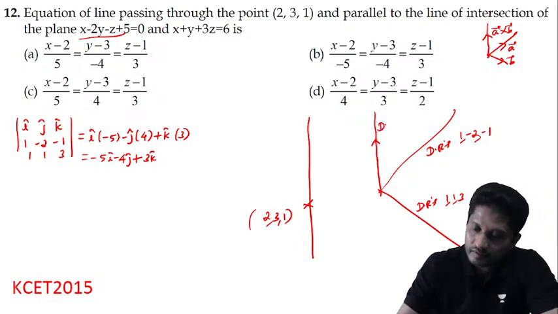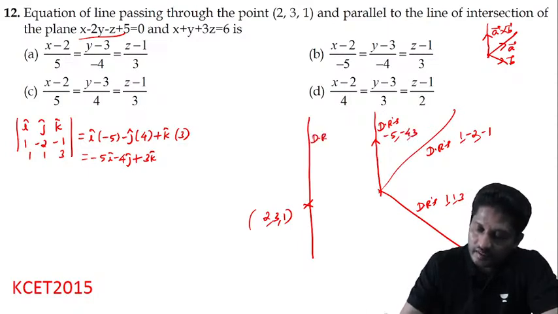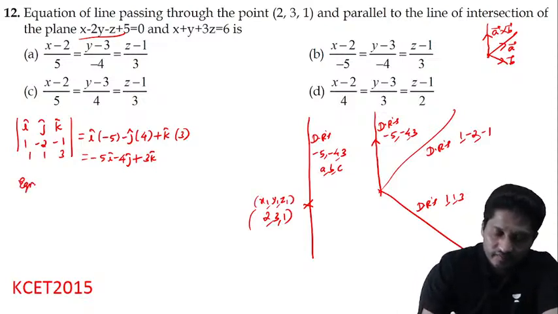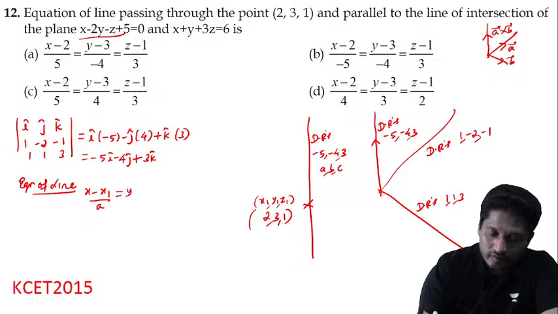So DRs will be equal to -5, -4 plus 3. If they are parallel, DRs will be the same. DRs will be proportional, 5, -4 and 3. This is a, b, c. x1, y1 and z1. Right, equation of the line will be x minus x1 divided by a equal to y minus y1 divided by b equal to z minus z1 divided by c.